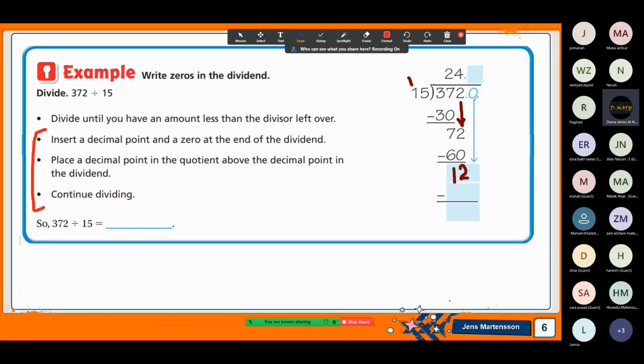Now, here, because there's a remainder, I will insert a decimal point and 0. In the previous one, I didn't insert a decimal point because there's already a decimal point. But if there isn't a decimal point, I will add it, then I will add the 0.